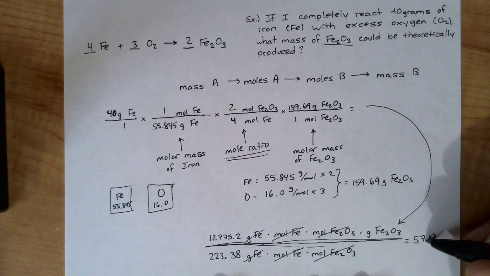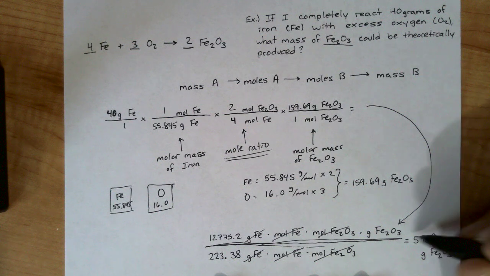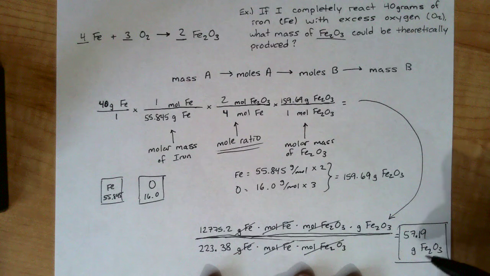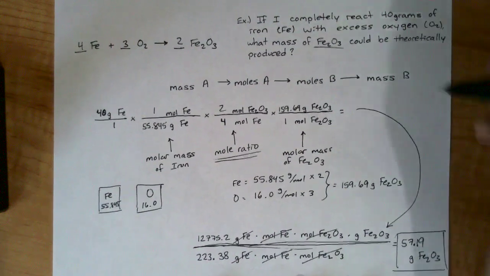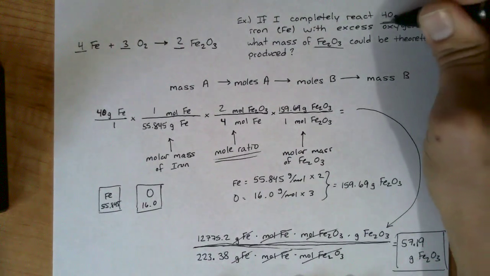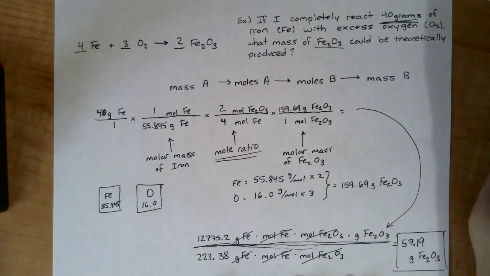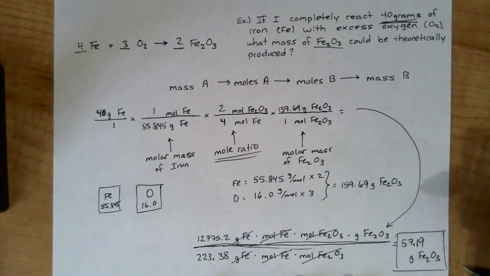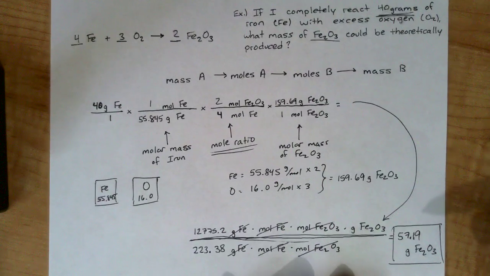And that is 57.19 grams of iron 3 oxide. Once again, what does this answer mean? Well, if we react 40 grams of iron under these conditions, theoretically, that's the most iron 3 oxide we could make. That's the best we could do.